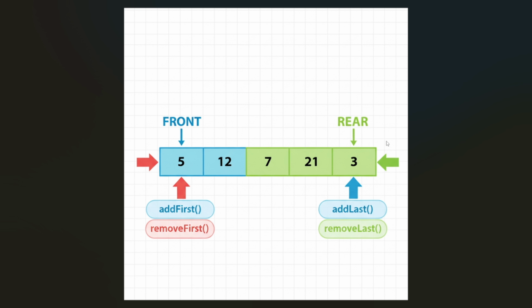At the rear, you can add a new element using addLast or remove the last element using removeLast. So a deque is like a super flexible queue where you are not stuck to just one end.